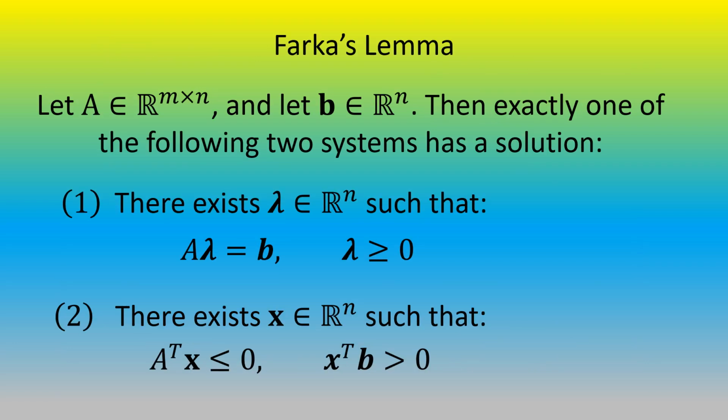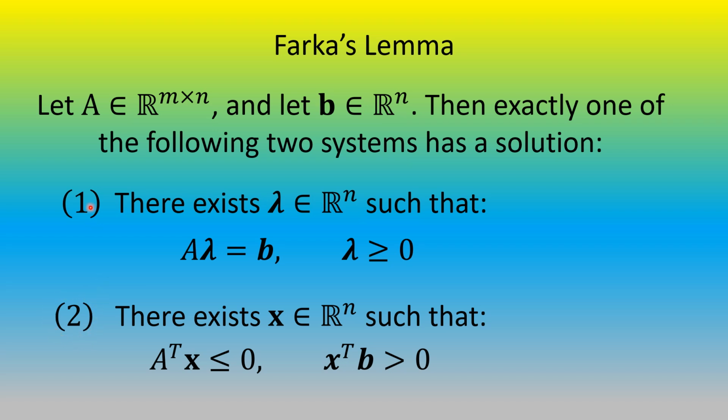So we haven't proved this yet, but let's say that A is an m by n matrix, and vector b has dimension n. Exactly one of the following two systems has a solution: either the primal condition or the dual condition.